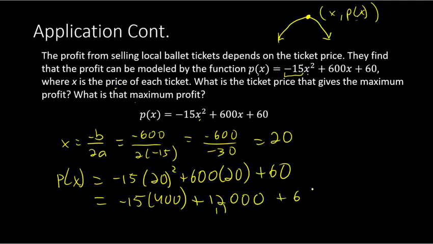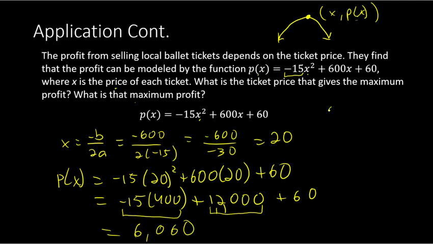We need 3 zeros. Then plus 60. So now we can calculate this. This would give you negative 6,000 right here, and then plus 12,000. That gives you a positive 6,000. And then 6,000 plus 60 would be 6,060.